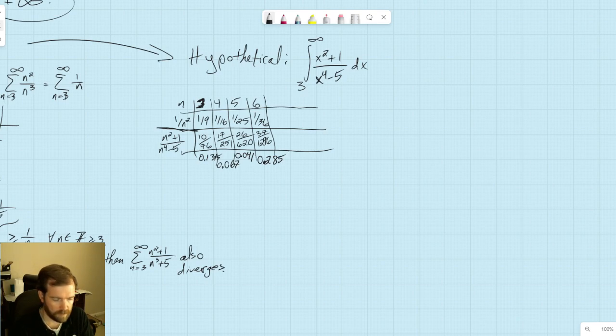All right, so 1/36 is going to be 0.0277. 1/25 is exactly 0.04. 1/16 is 0.0625. I used to know this. And 1/9 is 0.1 repeated.